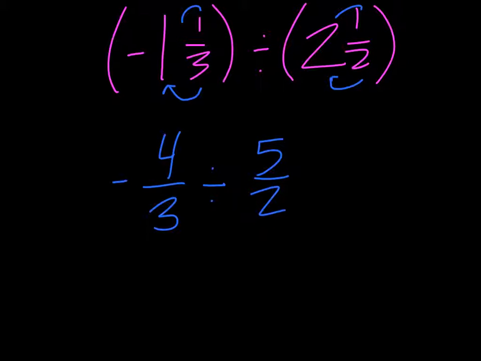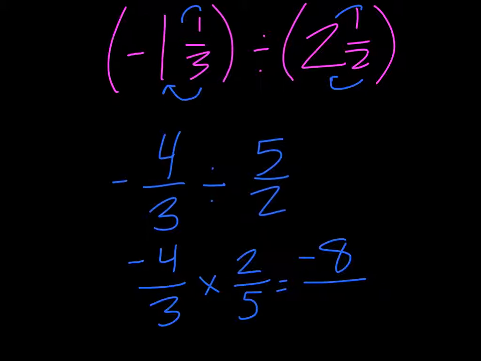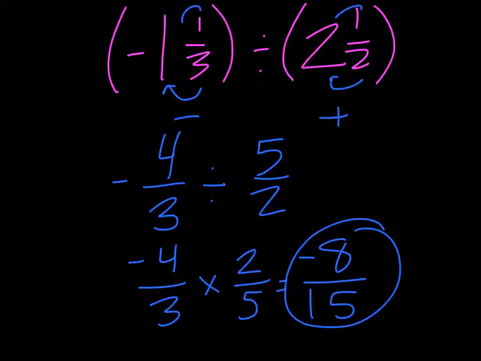And this one's negative. Then we keep the first one the same, change to multiplication, flip the second. -4 times 2 is -8. 3 times 5 is 15. We can leave our answer like that. One's negative, one's positive. Our answer is negative.